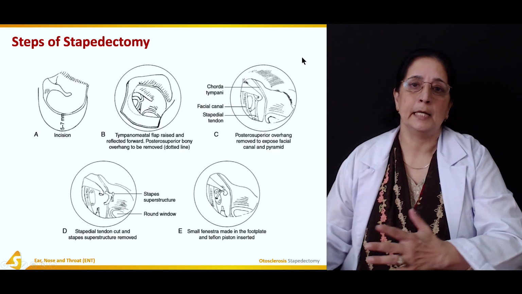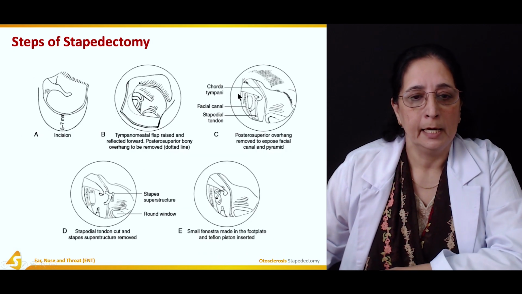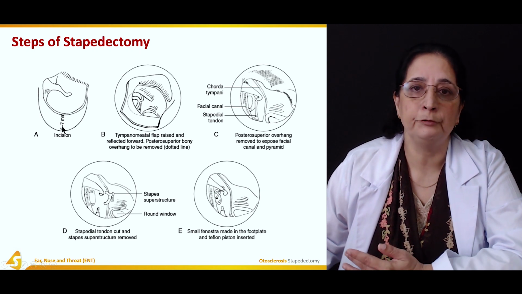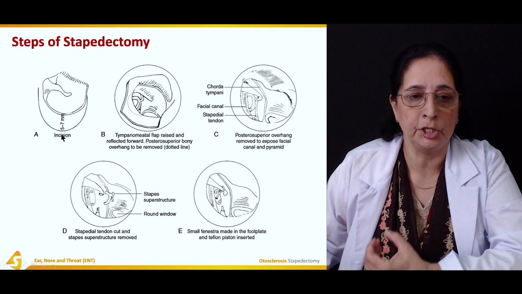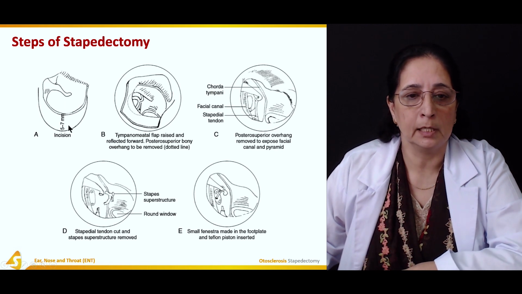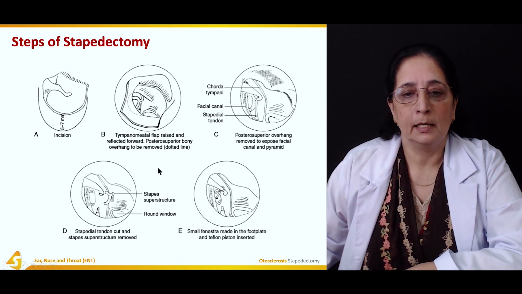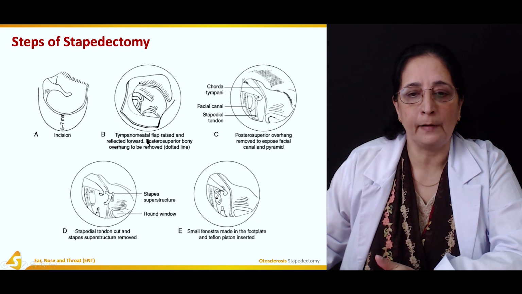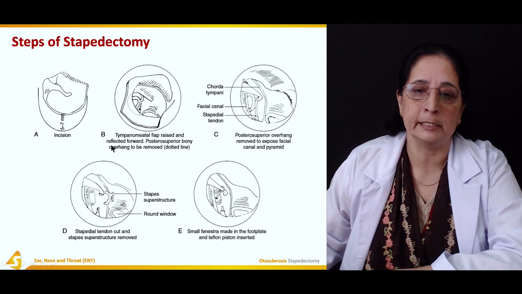Now these are the steps of stapedectomy. In this, the incision is given, which is about a 5 to 7 millimeter surgical cut. And then in the next step, the tympanomeatal flap is raised and reflected forward.